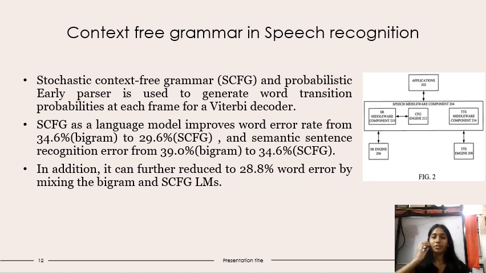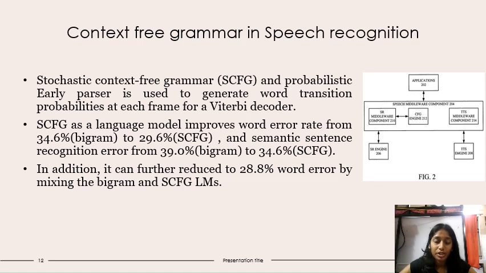When we talk about context-free grammar and speech recognition, we can talk about stochastic context-free grammar (SCFG), where a probabilistic Earley parser is used to generate word transition probabilities at each frame of a Viterbi decoder. SCFG as a language model improves word error rate from 34.6% with bigram to 29.6% with SCFG, and the semantic sentence recognition error from 39.0% with bigram to 34.6% with SCFG.